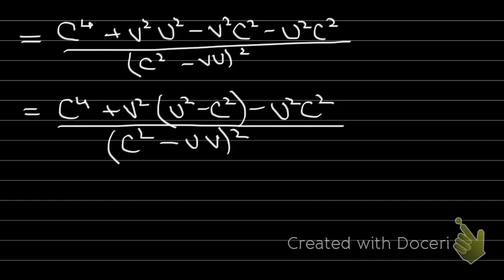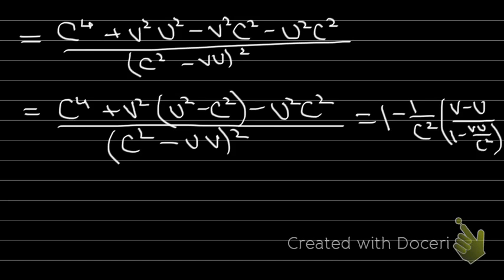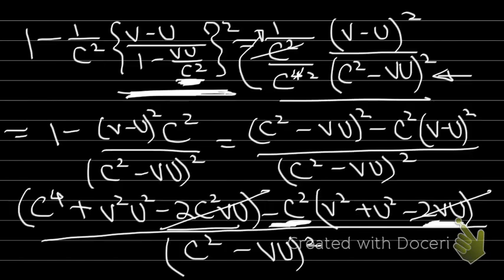Right. Now remember that all of this thing was equal to 1 minus 1 over c squared times (v minus u) over (1 minus v u over c squared), right? This is where we actually started off. Let me go back over here. So what we are doing is we are simplifying or solving this term over here.